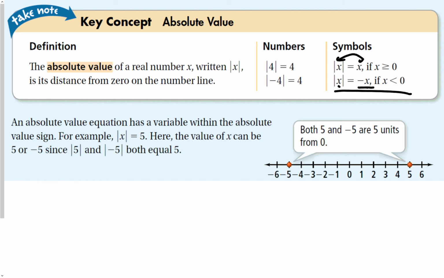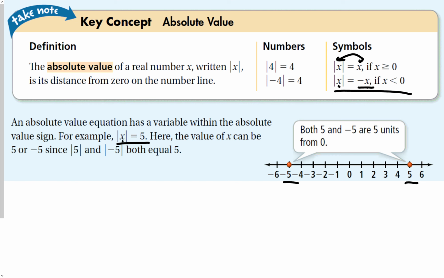For an absolute value equation, if the variable is inside the absolute value signs, the value of x can have two solutions because both 5 and negative 5 have an absolute value of 5. So when solving absolute value equations, we go about it by isolating the absolute value and then considering both cases.